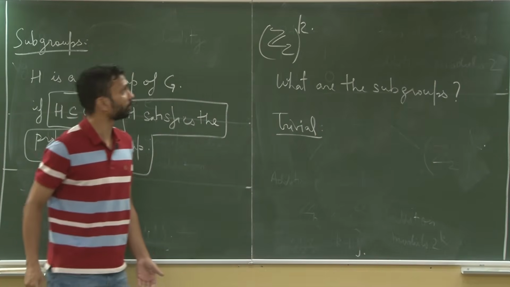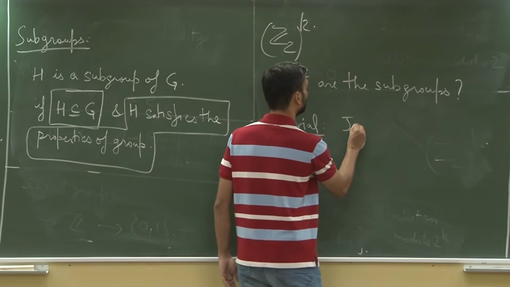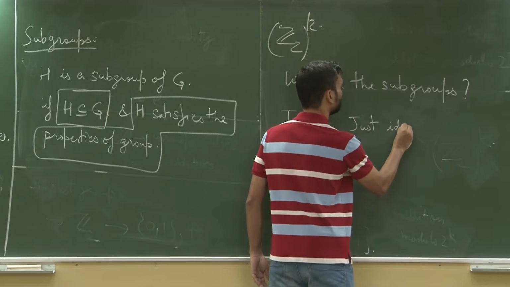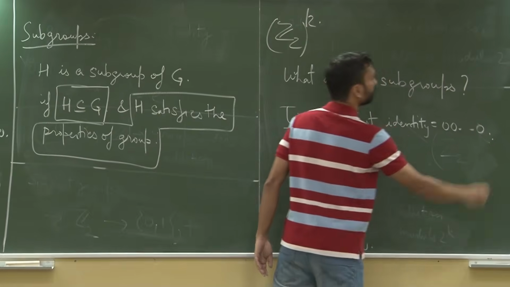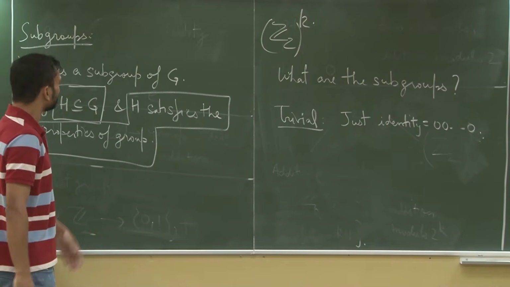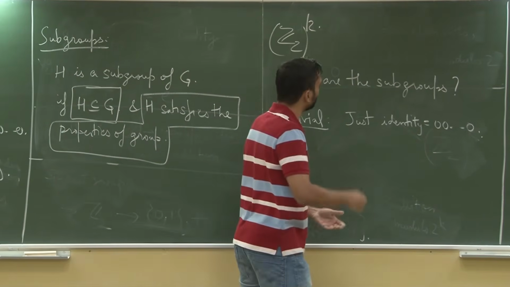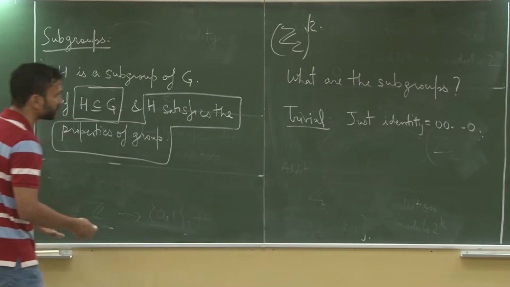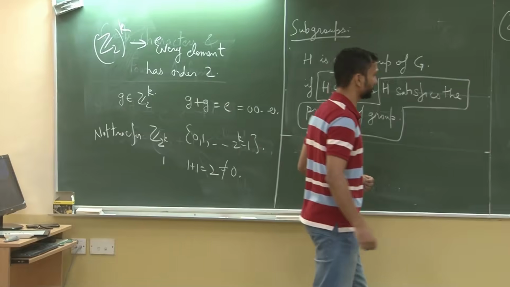What is the trivial subgroup of Z2 to the power k? Just the identity element, which is 0, 0, 0 in our case. It is very clear that it is a subset. Also, this has just one element, the identity, which is its own inverse, and it is closed under everything. So it's a subgroup itself.